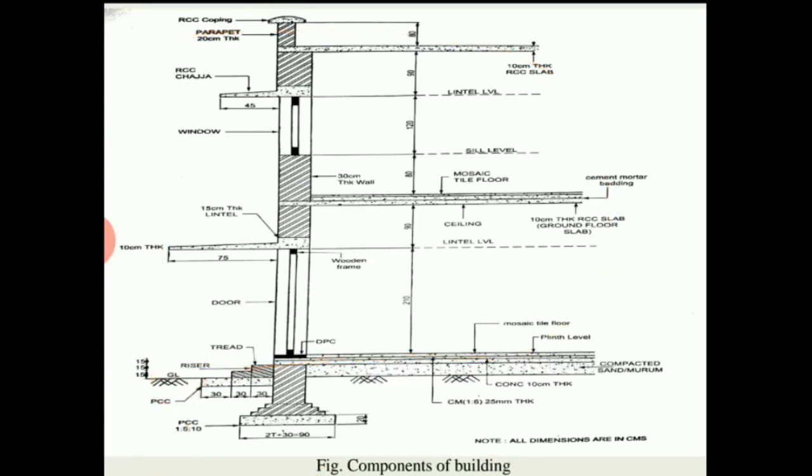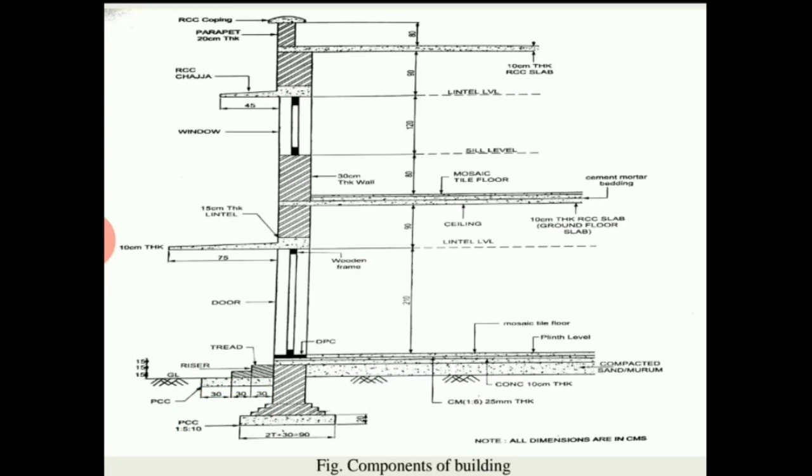So first, starting with substructure. Let's see the portion that is the foundation of a building, and this foundation is also part of the substructure. Now the second part starts with superstructure.